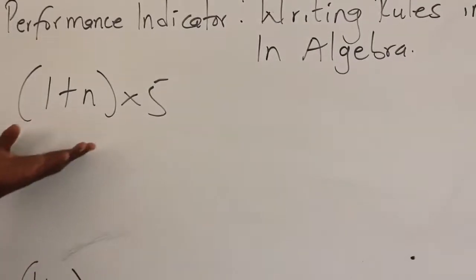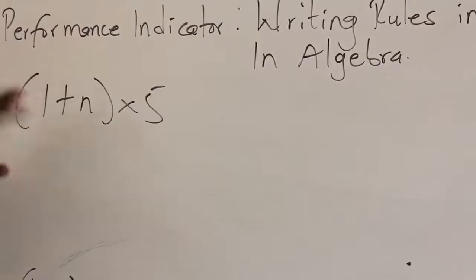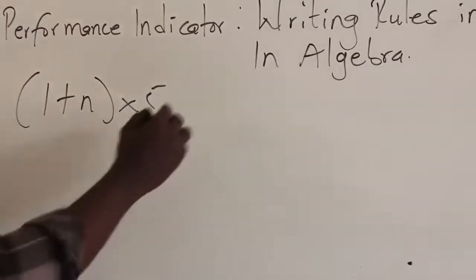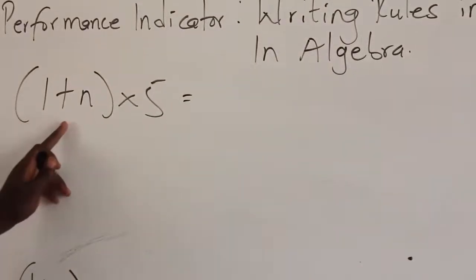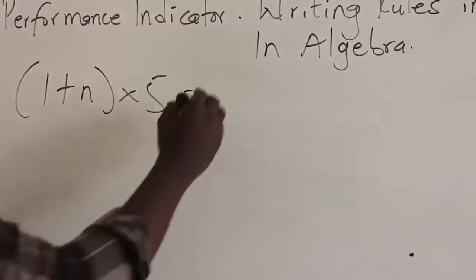So we have a bracket multiplied by 5. So whatever is in the bracket is being multiplied by 5. So we want to write it in words. So we can have 1 added to n times 5.